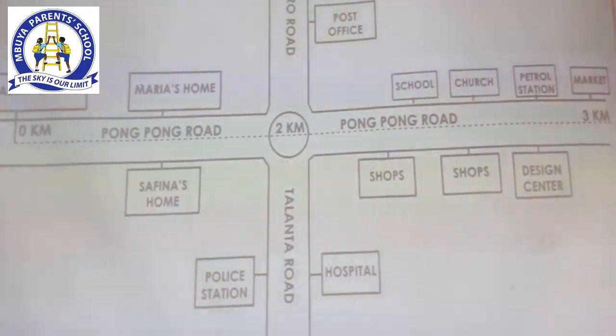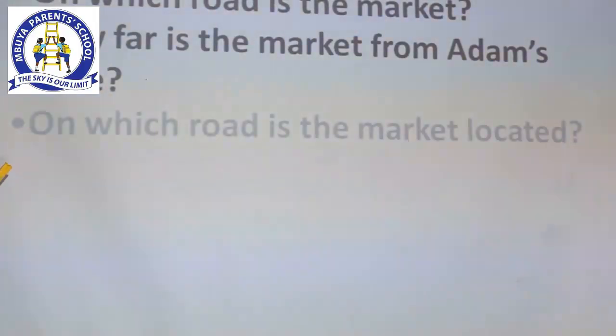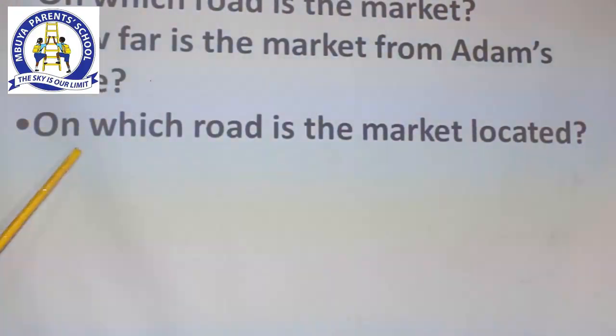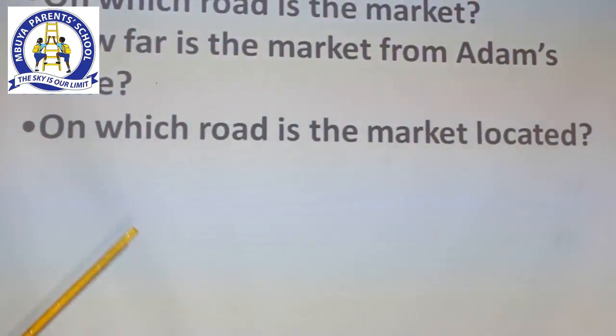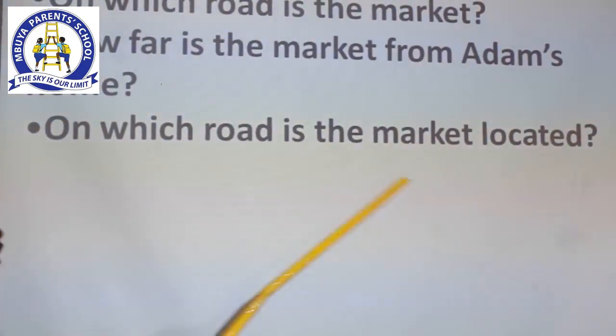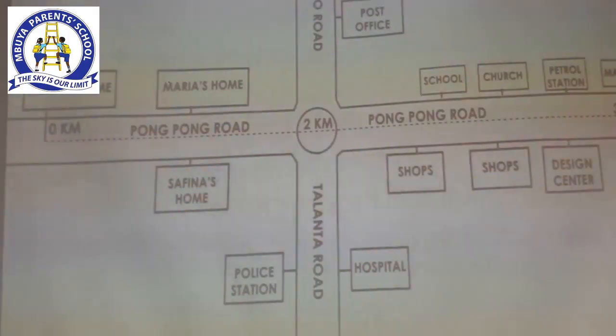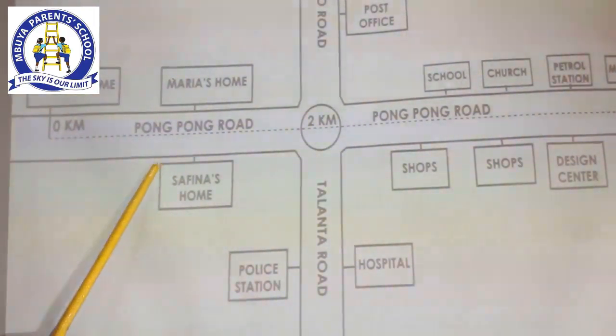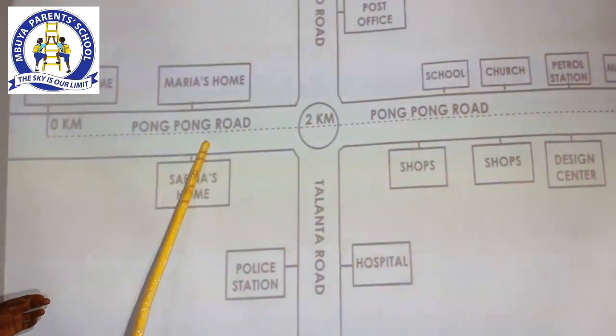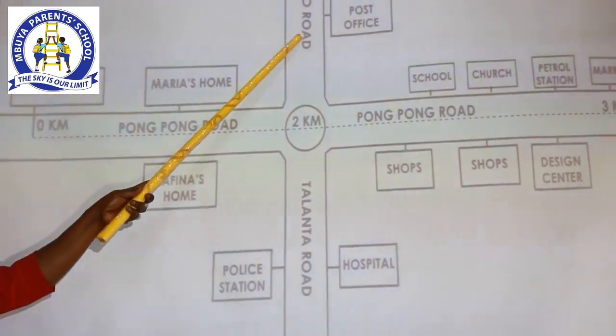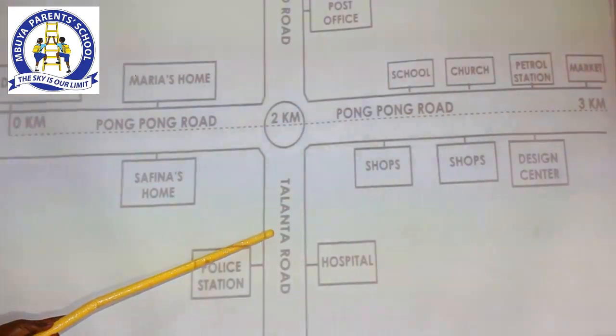Let us look at our last number. Number 4, our last number, says, on which road is the market located? Still, we are going to use our map. We have seen Pong Pong Road, we have seen Mbiro Road, and Talanta Road.